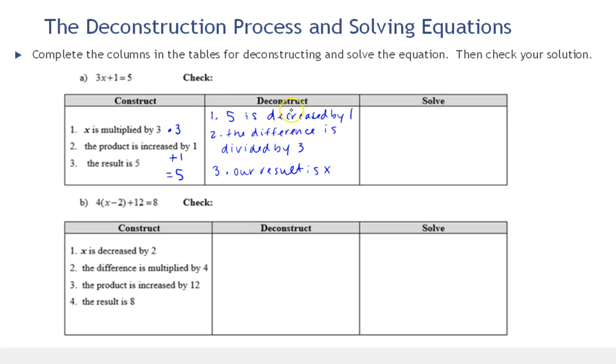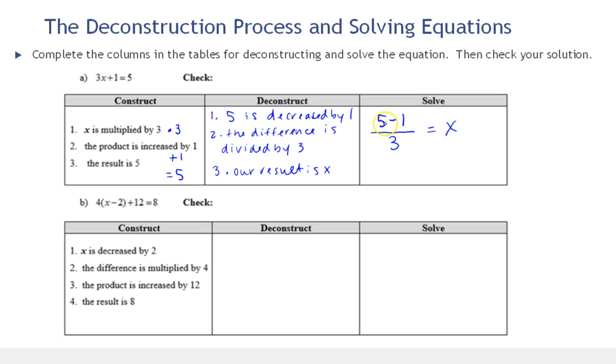So now let's use this deconstruction flow to write what x is. So 5 is decreased by 1, so we have 5 minus 1. Now we're going to take that difference and divide it by 3. So I'm going to put the fraction bar, so the entire difference, 5 minus 1, is written over 3. And our result is equal to x.